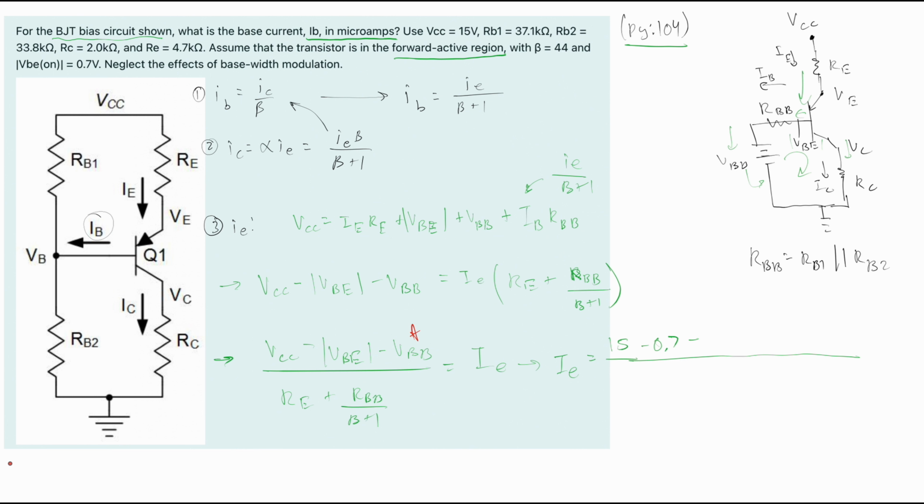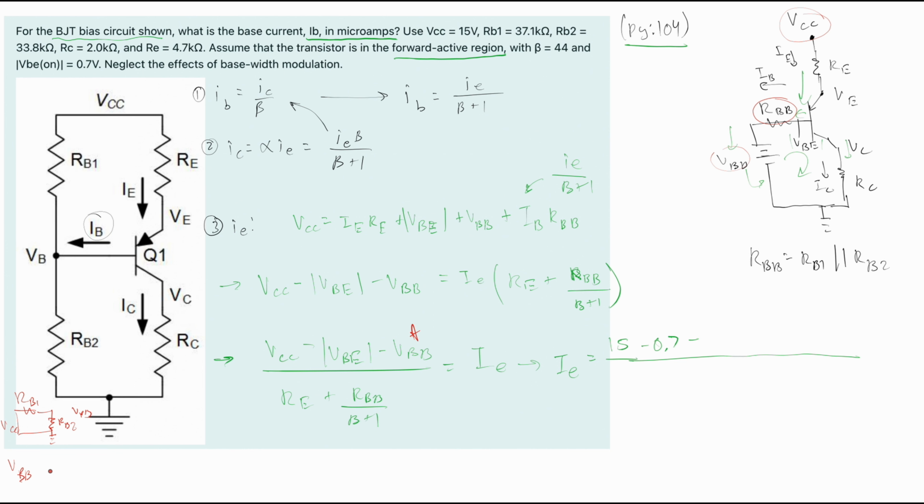So solving for our VBB, what we're going to have is a voltage division, because this right here is happening across this resistor with this voltage coming in. So if we were to rewrite this, we have our VCC, we have our RB1, and then we have our RB2, and this is going to be our VBB, and it's all connected to one ground.